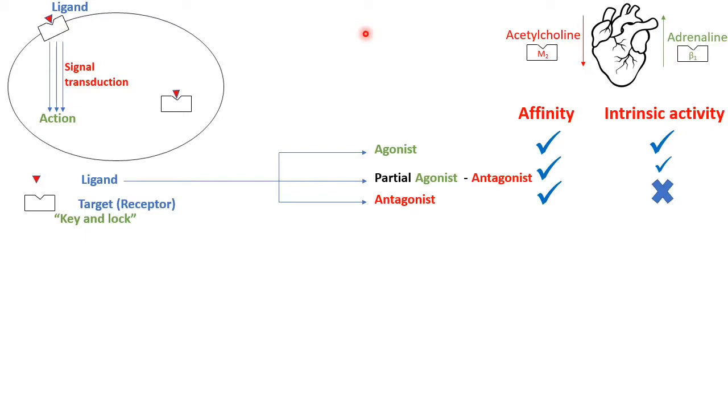If we doubled this dose and made it 2x, we would expect that adrenaline would increase the heart rate by double this 30 to 40 beats per minute, and it would increase it by 60 or more beats per minute. So we would expect that by increasing the dose, we would have an increase in response.